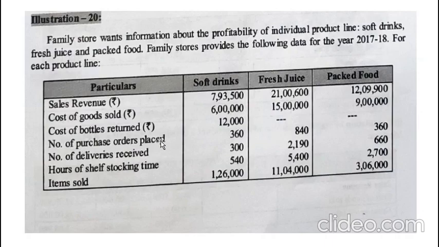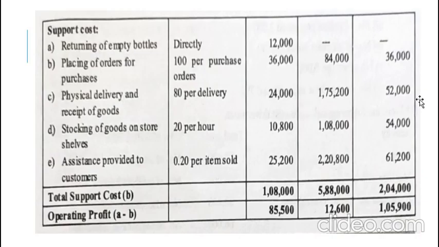Next, the number of deliveries received for packed food is 660. So 660 into 80 will give us 52,800, the physical delivery cost for packed food.